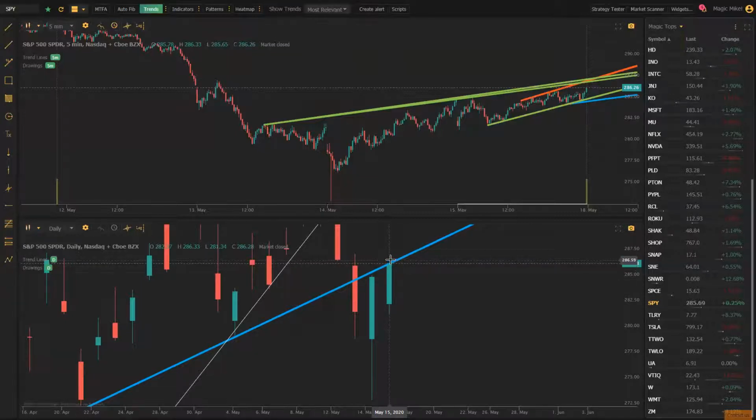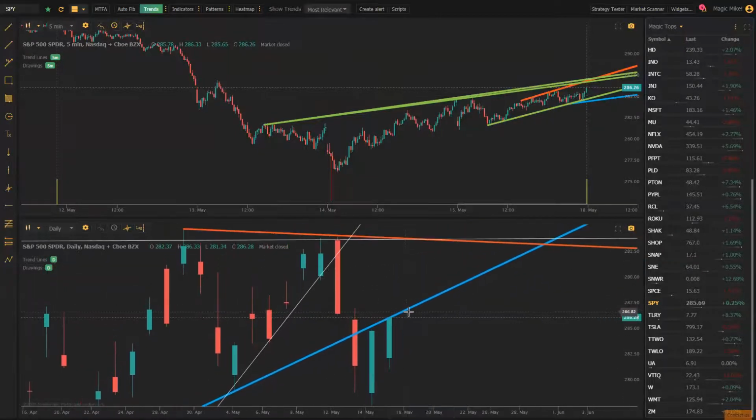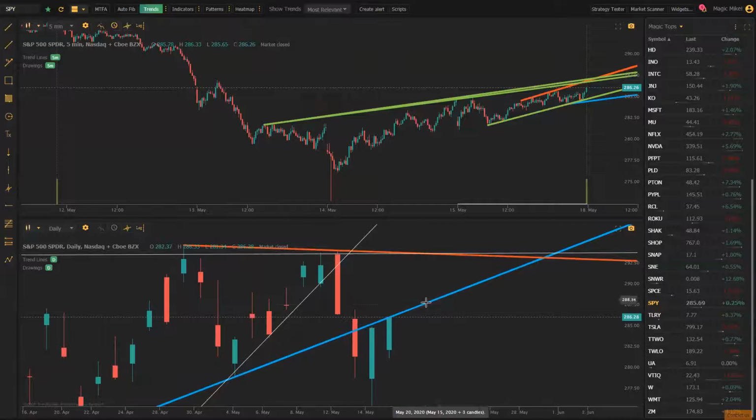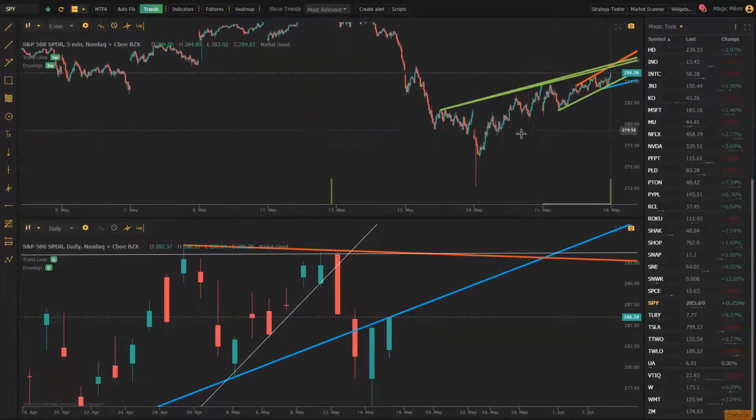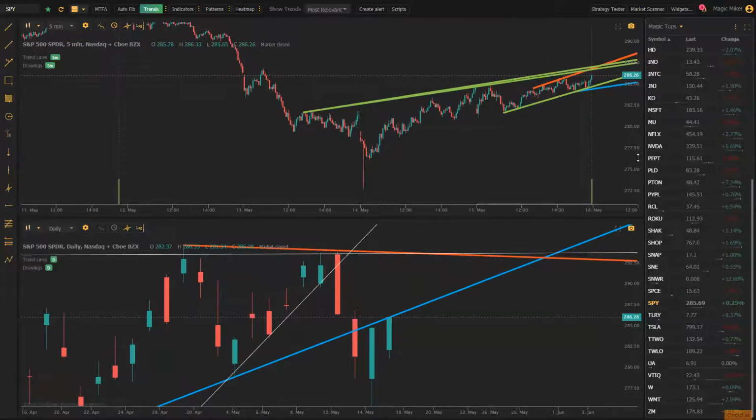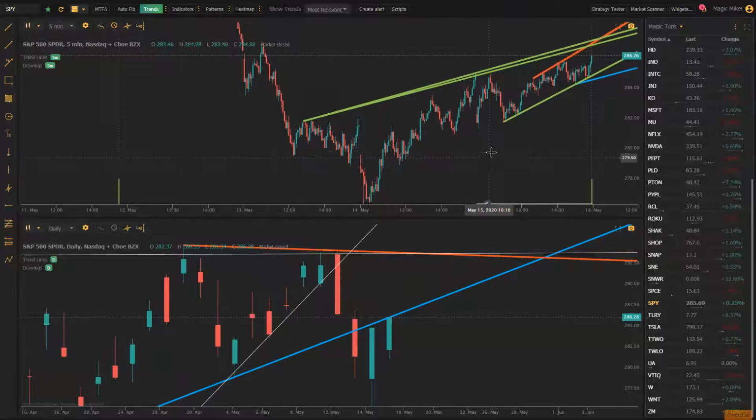But if we closed above it, it gives you a little more clear indication that, okay, we still got strength in the bull's favor for SPY. And as a day trader, cash is always king. But if you understand these trend lines, it can be very important to make some decent money on some overnight swinging. But like I said, as a day trader, I'm very fluent on trading trend lines only.